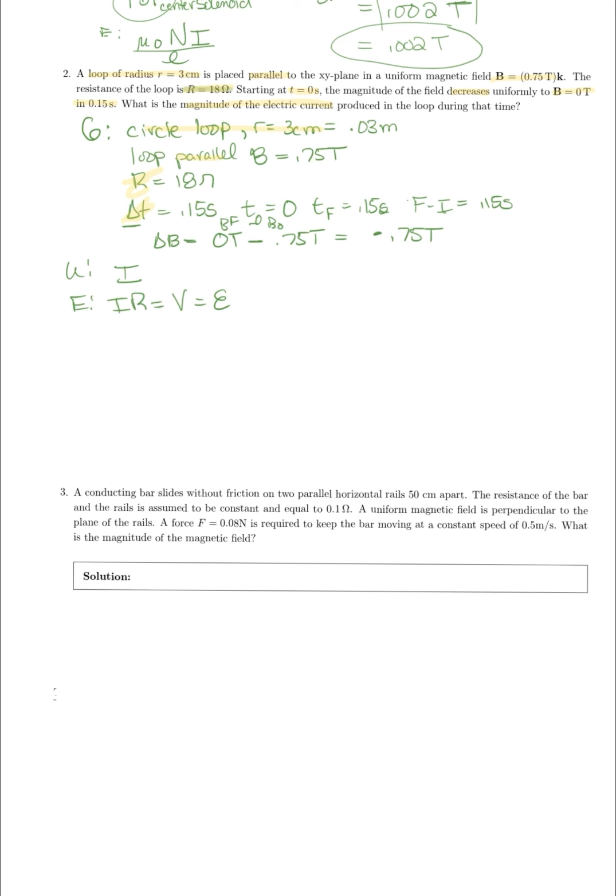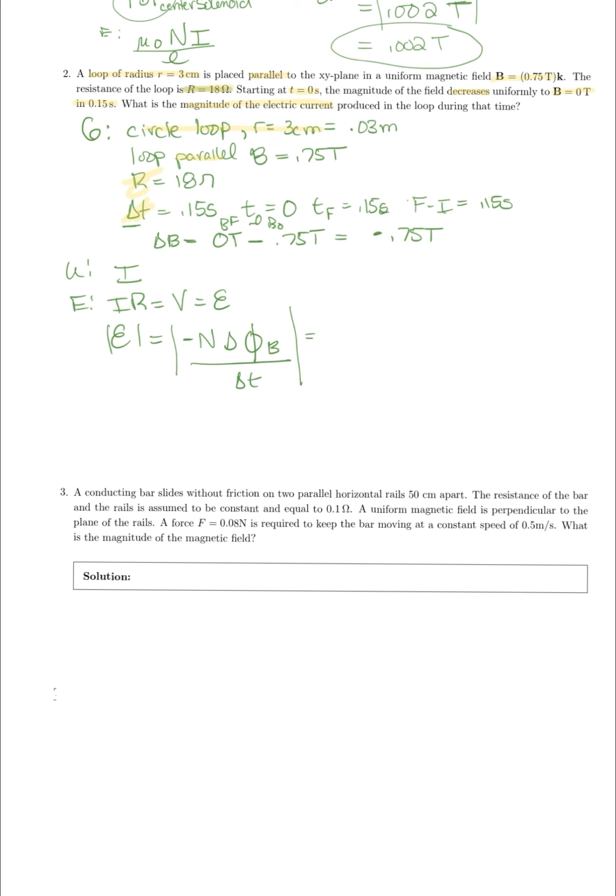And that would be really helpful here. So if we recall that EMF is equal to, now we're doing magnitude, negative N, which is, remember, how many loops of something, the change in magnetic flux over the change in time.